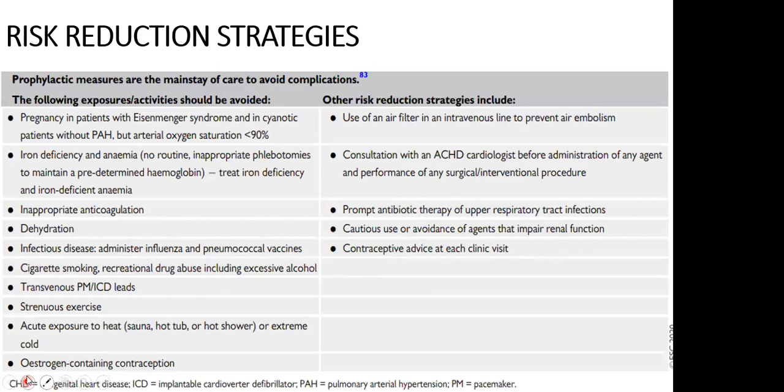So these are risk reduction strategies: what patients are supposed to avoid when there's a background of cyanotic heart disease. When you have a patient who is pregnant, you try to avoid pregnancy in patients with Eisenmenger syndrome, in cyanotic patients with pulmonary artery hypertension, or in patients who have arterial oxygen saturation less than 90.